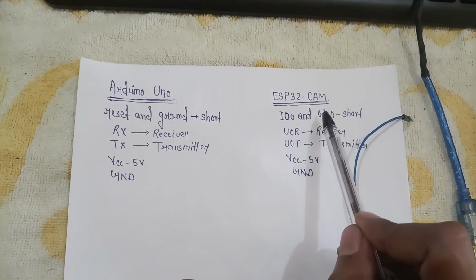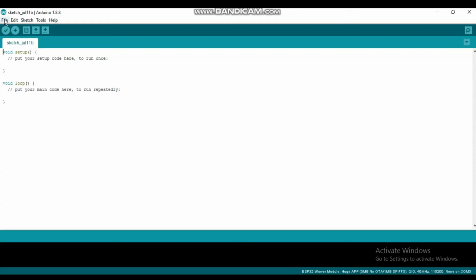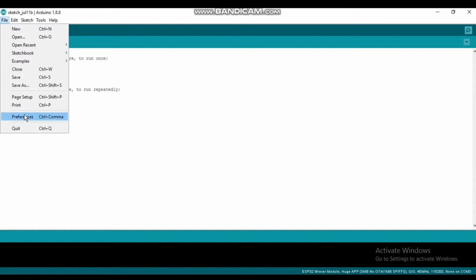After that, I will tell you about the complete setup in the Arduino software. For uploading the code to the ESP32, just connect the data cable to your laptop and select the board.